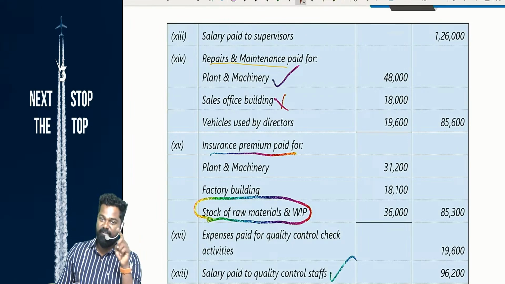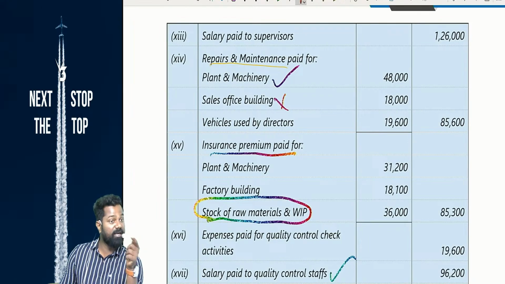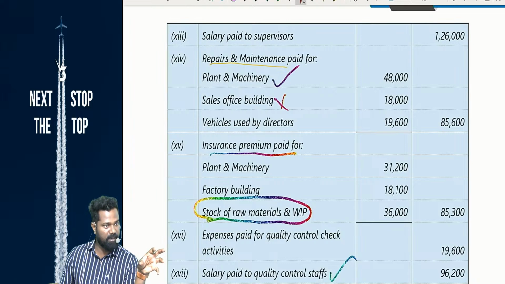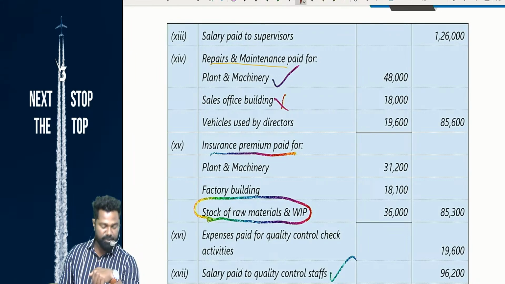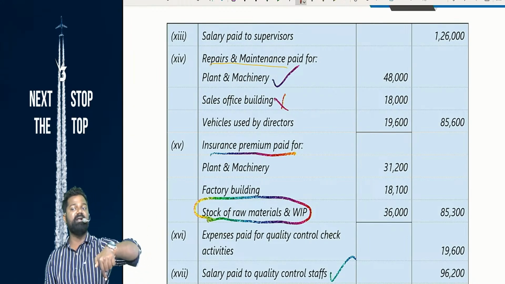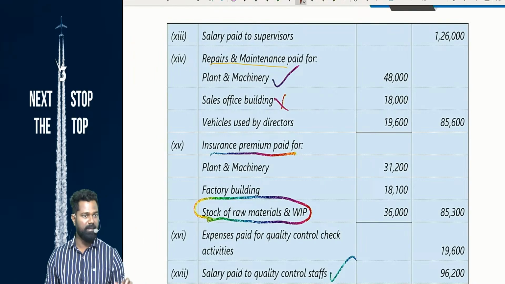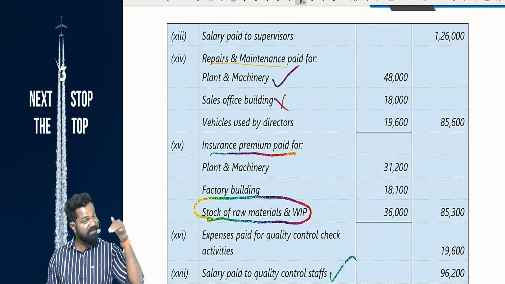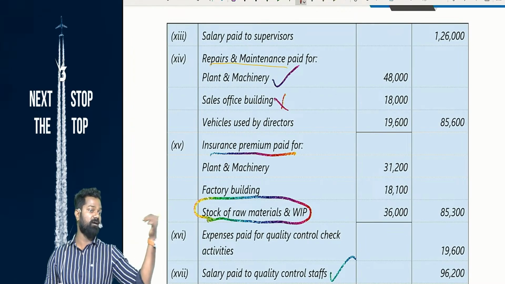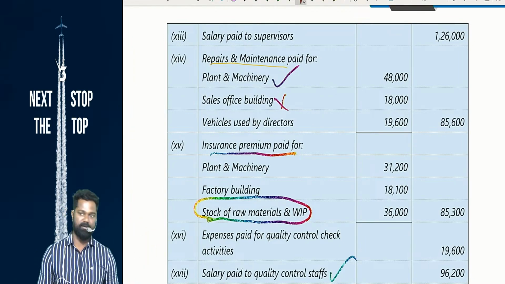You got my point? Where is this insurance? It is after the raw material has come from the supplier. See, this insurance is when it has reached the factory, not before reaching the factory. Clear? Chalo. Next.